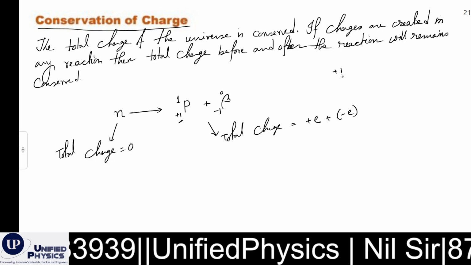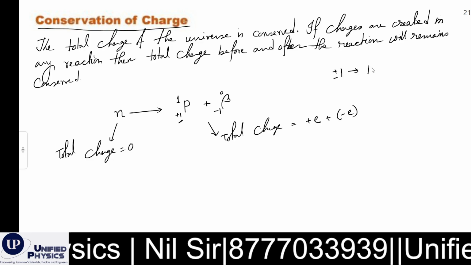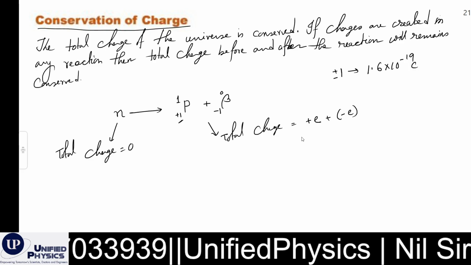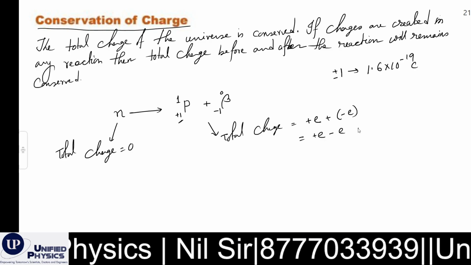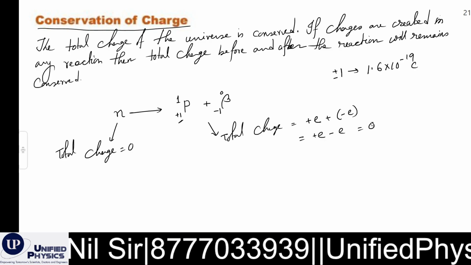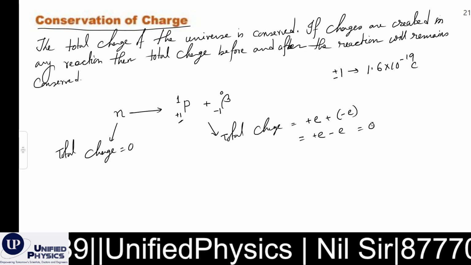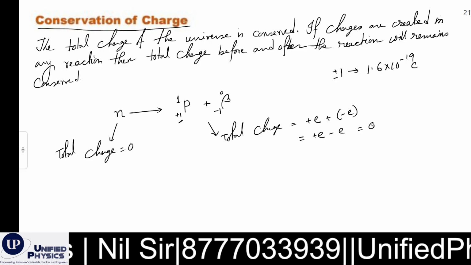So +1 or -1 means here 1.6 into 10 to the power minus 19 coulomb. So total charge in this case, plus e and minus e, is equal to 0. So charge remains constant. In this universe, total charge is always a constant quantity.